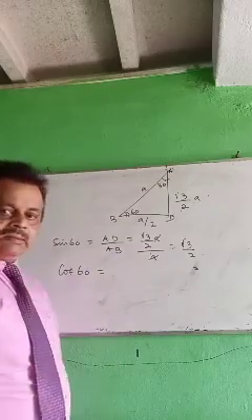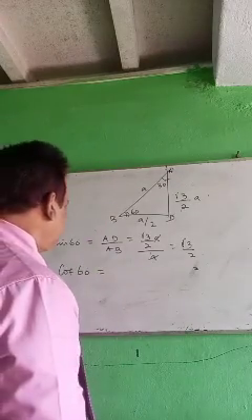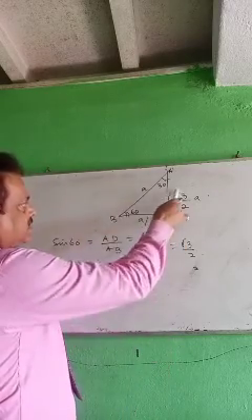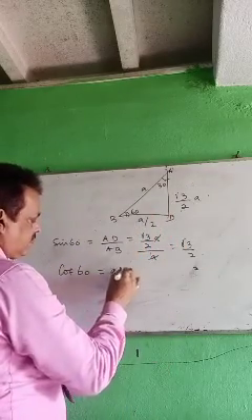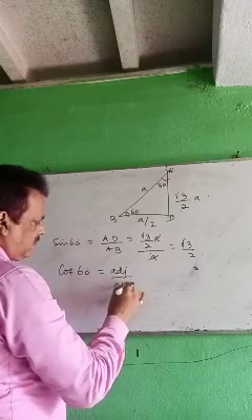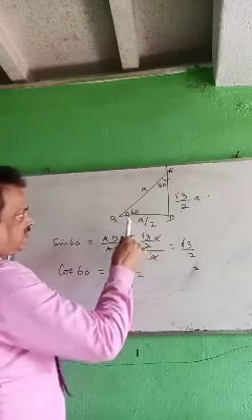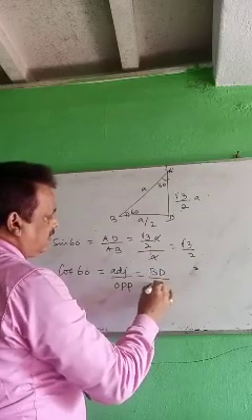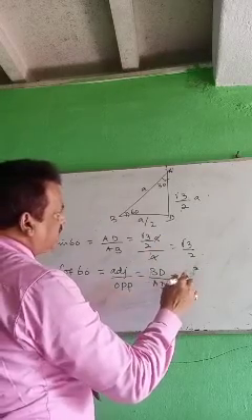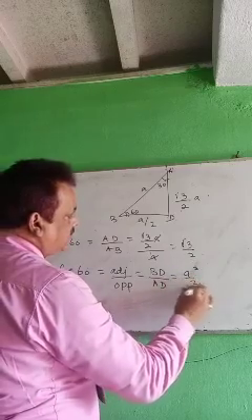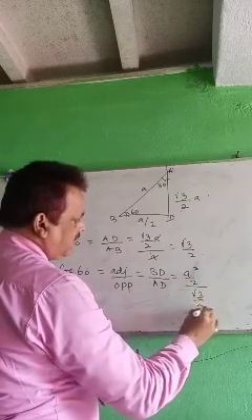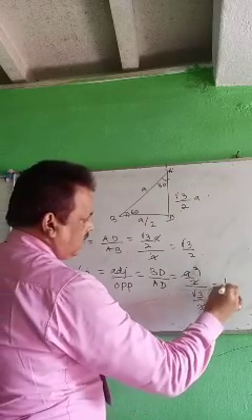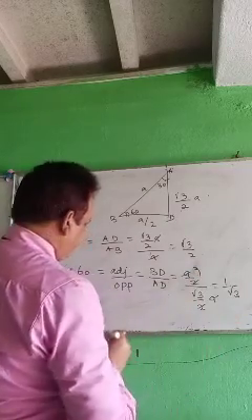Suppose I want to find cot 60. What is the cot formula? If you remember, okay. For 60, it is adjacent by opposite. Adjacent means which one? BD by AD. BD is how much? A by 2 by root 3 by 2A. A cancelled, 2 cancelled, 1 by root 3.